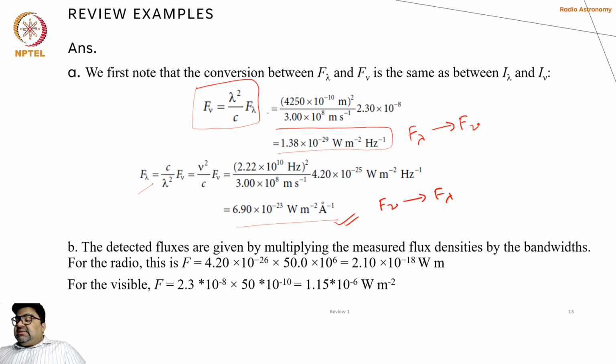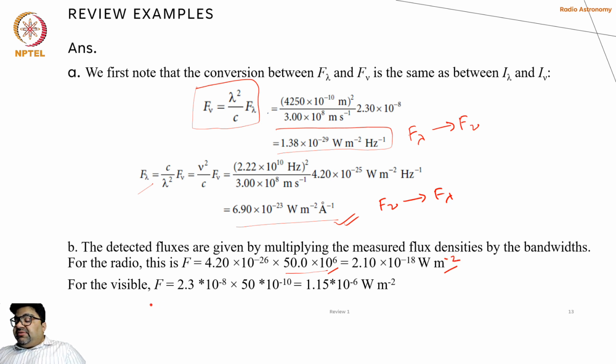The detected fluxes are given by multiplying the measured flux densities by the bandwidths. So if we do that, the F is multiplied by the bandwidth, which is 50 megahertz in the case of the radio, with 4.2 × 10^-26 times 50 megahertz giving 2.1 × 10^-18 watt per meter square.